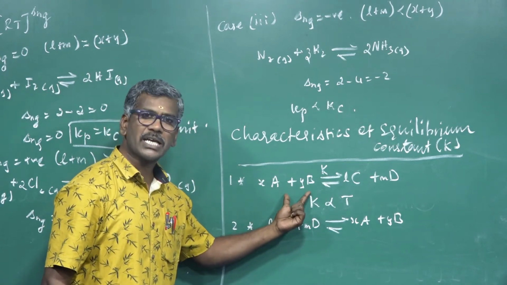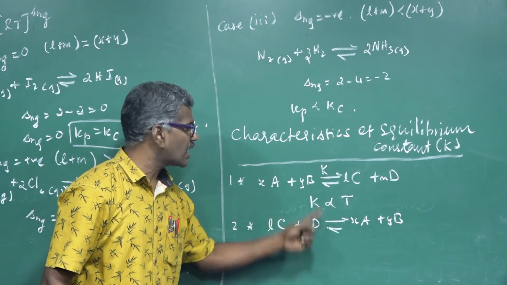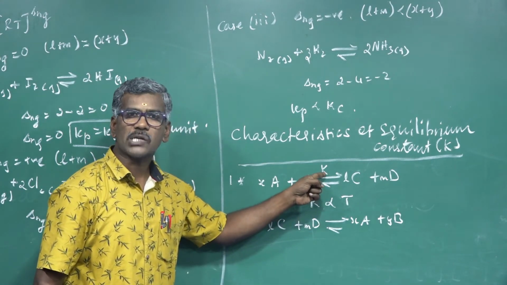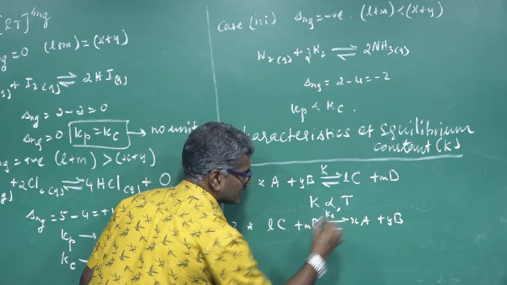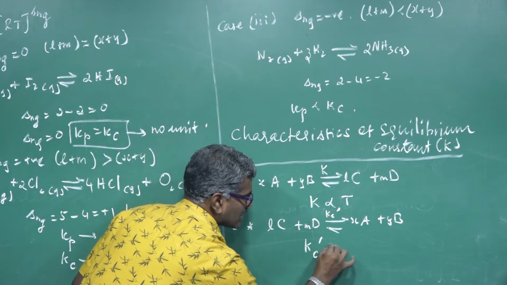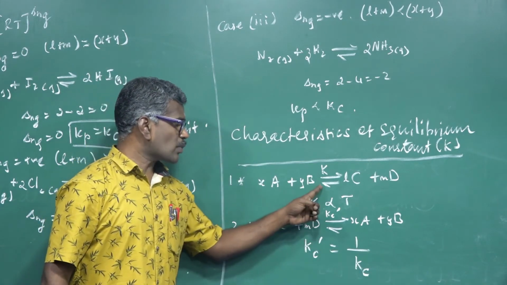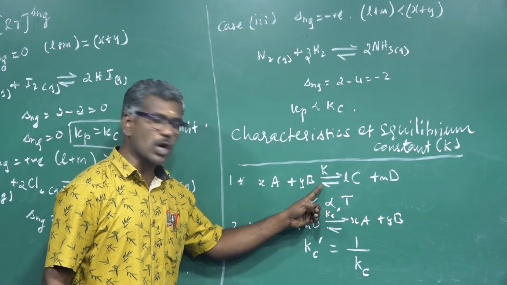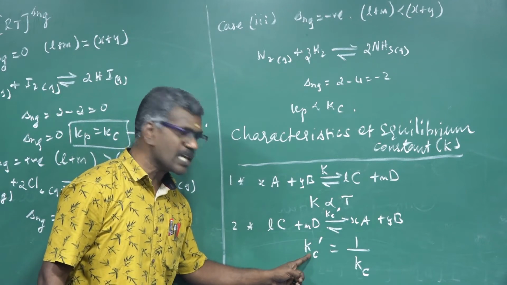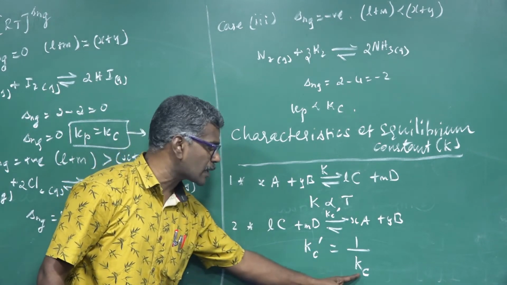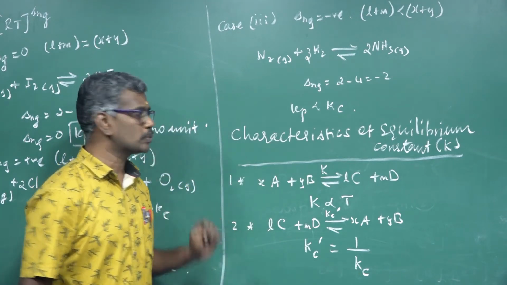If the equilibrium reaction is reversed, the equilibrium constant is also inverted. That is Kc dash, so Kc dash equal to 1 by Kc. This one is the formation equilibrium constant. This one is the dissociation equilibrium constant. The dissociation equilibrium constant is inversely proportional to the formation equilibrium constant. This is point number 2.